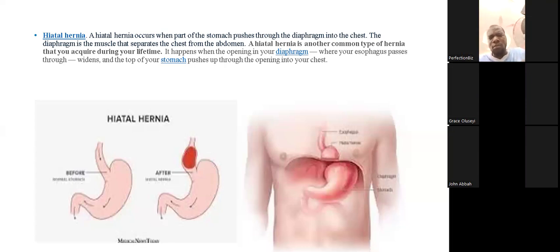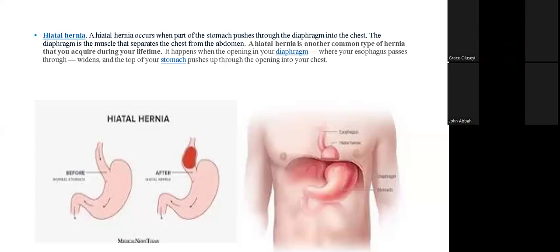What has happened in the diagram that you're looking straight before you is that you now have part of the stomach muscles pushing through the diaphragm into the chest region. So if you look at the diagram to your right, you're going to see that swollen part above the diaphragm.